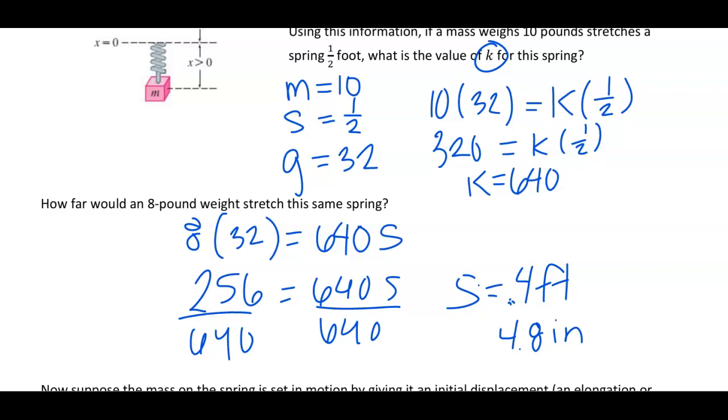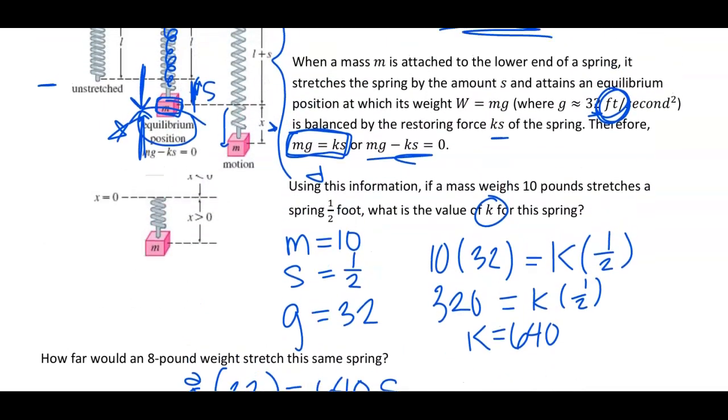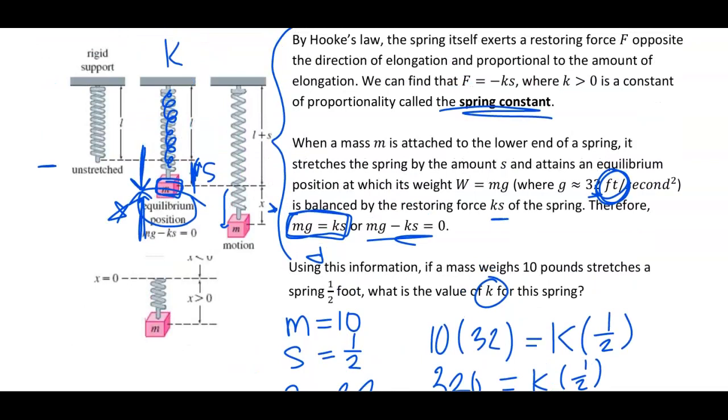All right, so now our next part is we're going to be going into motion. This is really interesting, so kind of wrap your brain around this for a second.